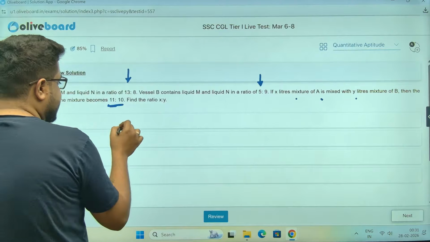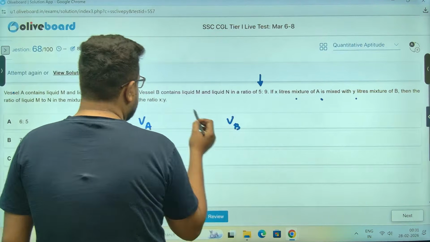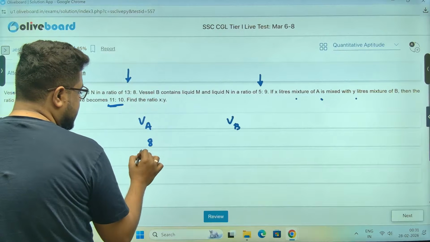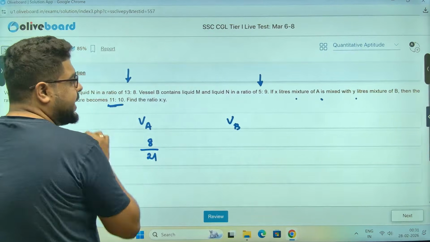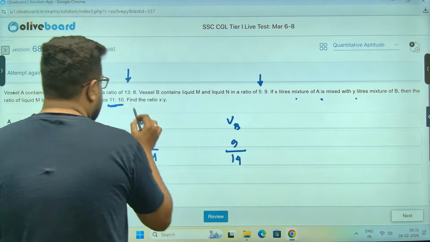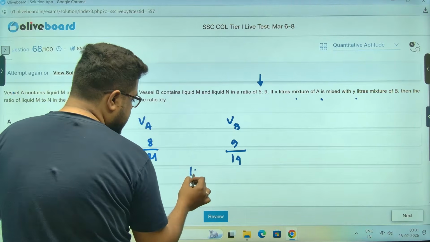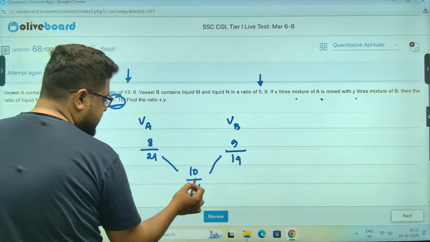For vessel A and vessel B, how much? 8 upon 21. This is the content of liquid N. Over here 9 upon 14, and over here it is 10 upon 21. Correct? So alligate, please.